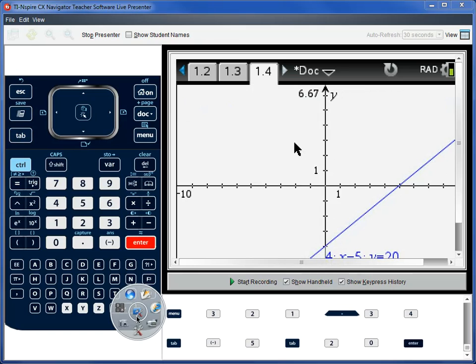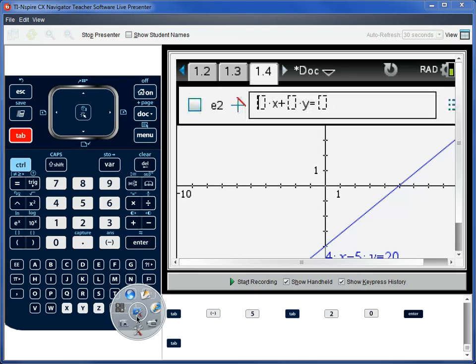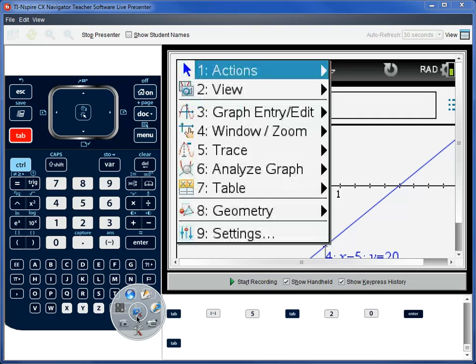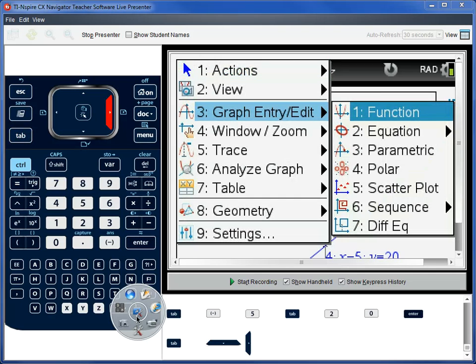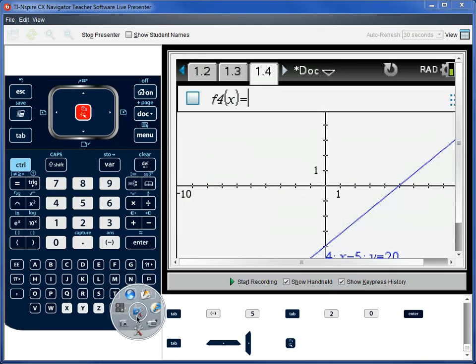Now I need to be comparing that to the slope-intercept form that I found from the graph. So I'm going to hit tab. It's still in the equation functionality, so I'm going to have to go to menu, graph entry edit, and choose function.